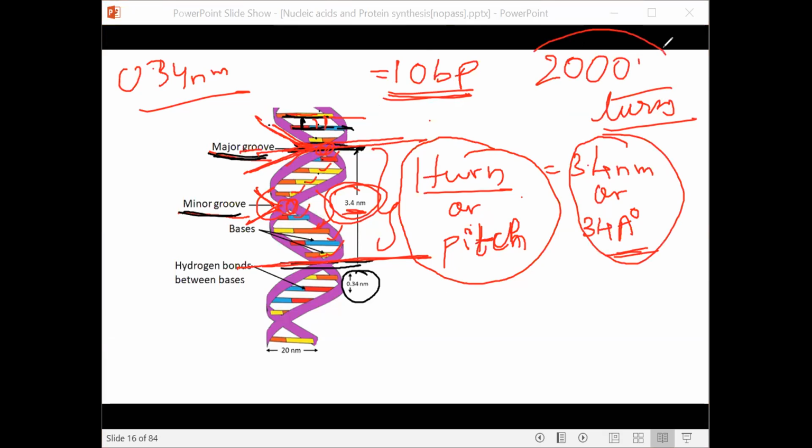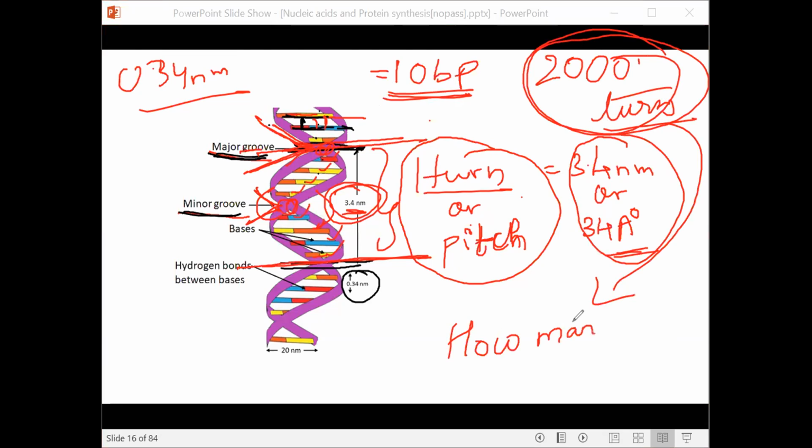If 2000 turns are there, calculate how many sugar molecules are there. I just made up this question myself.